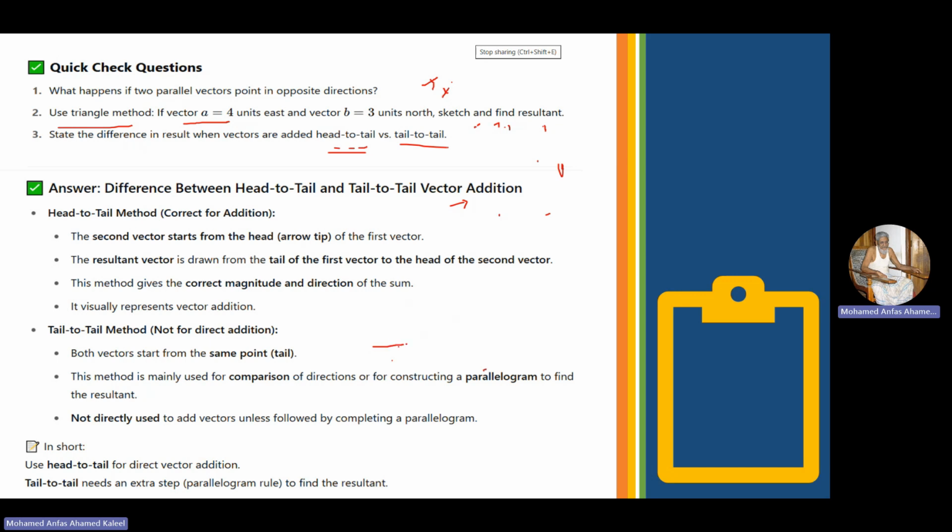Say a vector of 3 is measured in the east direction, and another vector of 4 is at an angle theta. Earlier we saw east and north separately, but here it has a theta angle, not north.